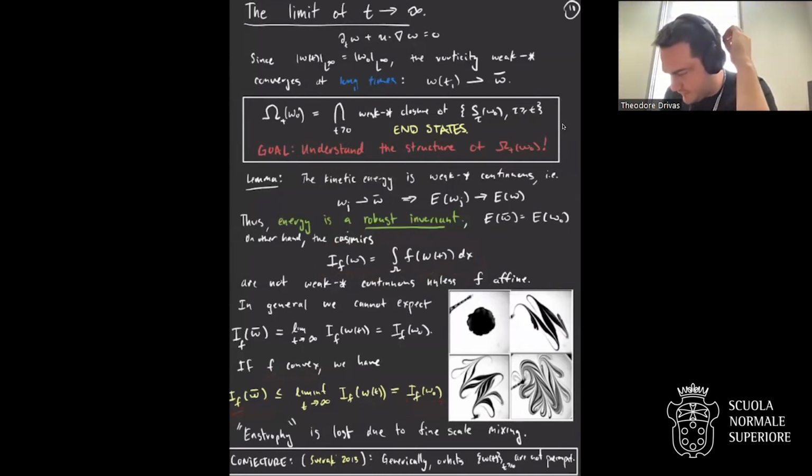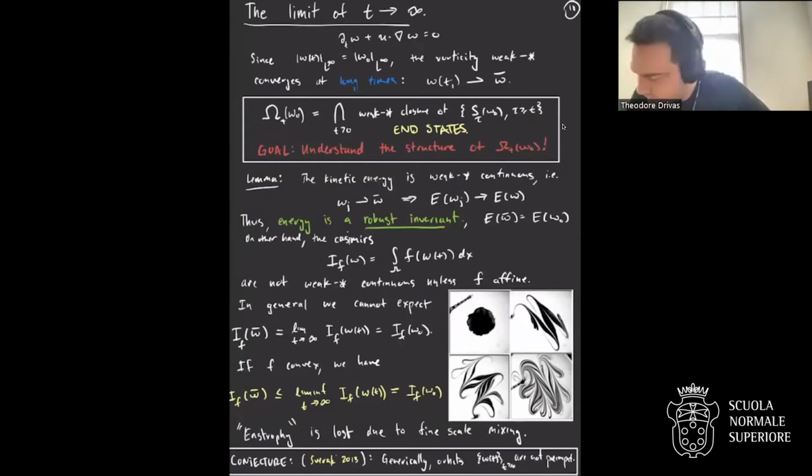And this type of condition, say if F is just x squared, so this is the entropy, the L2 norm of the vorticity, says that you can have some mixing at infinite time where the entropy is strictly decreasing due to some small scale filamentation and essentially averaging that's represented by thinking of the weak limit. And this is imposed also in this set. So you have to have these types of inequalities.